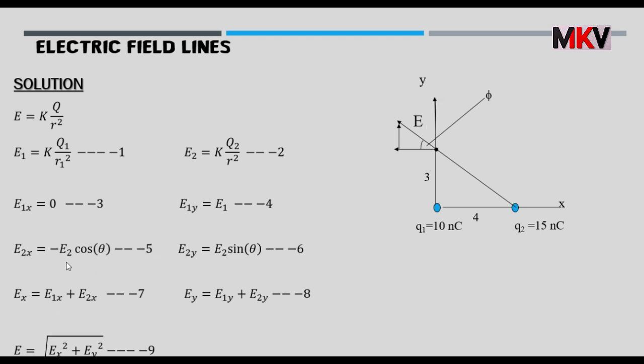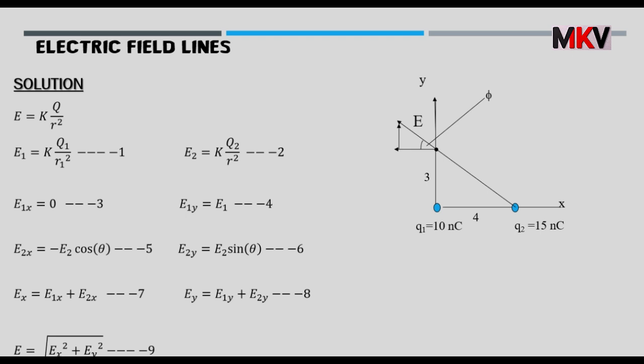So our E2x will be equal to minus E2 cos theta. It is cos because the angle is adjacent to the x component. And for E2y, it will be E2 sin theta, because the angle is opposite to the y component.